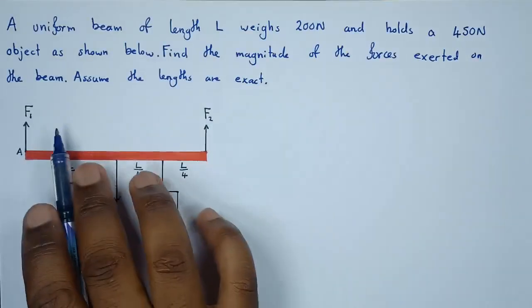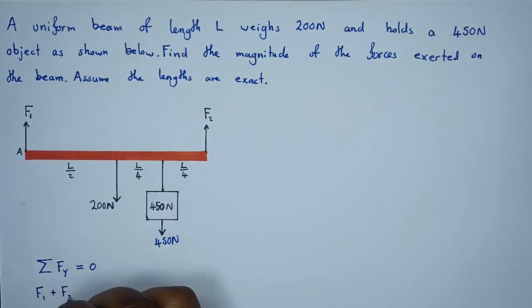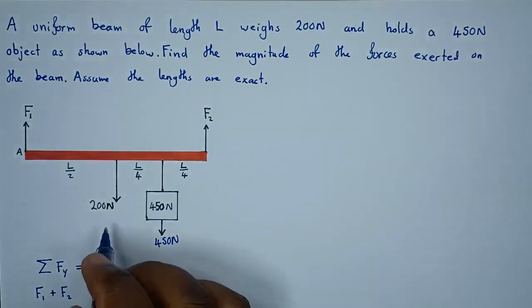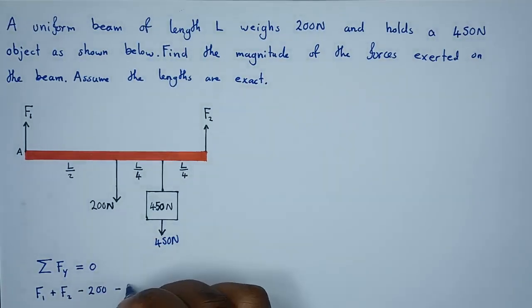The forces which are going up, we consider them to be positive. So we have F1 positive plus F2 positive as well. Then the forces which are going in the opposite direction, we consider negative. So we have a negative 200 and a negative 450.